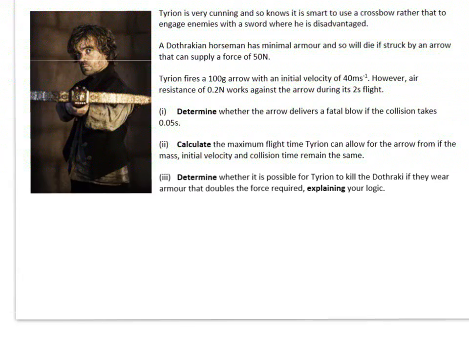So let's first of all work out what the initial momentum is. It's going to be mass times the initial velocity. So the mass of the arrow is 0.1, velocity is 40, so it's going to be 4.0 newton seconds. Now, as we can see here, it's got a force acting against it during the flight, so it's going to lose some momentum during the flight.